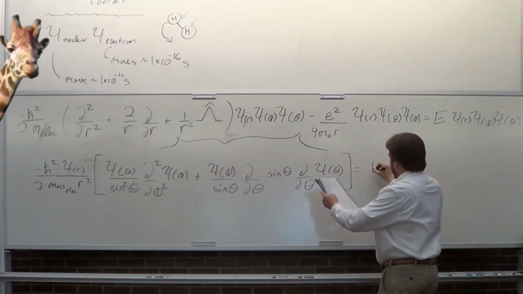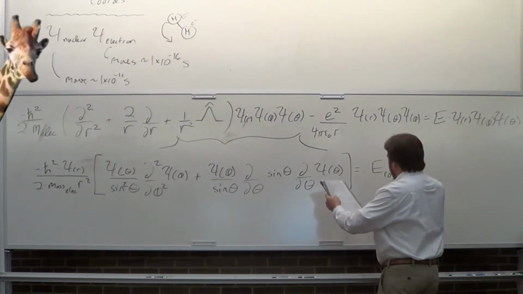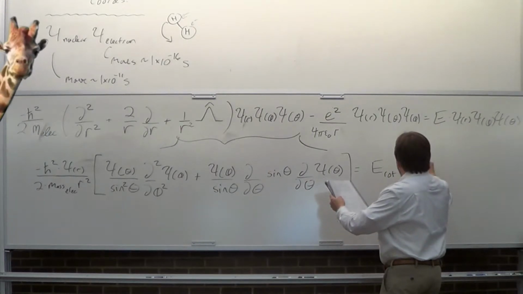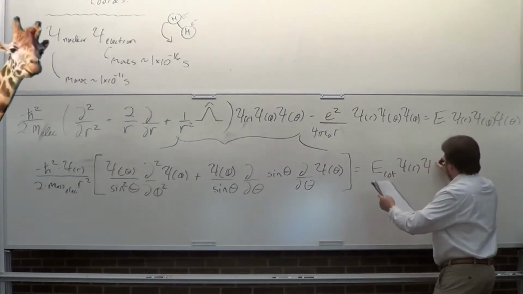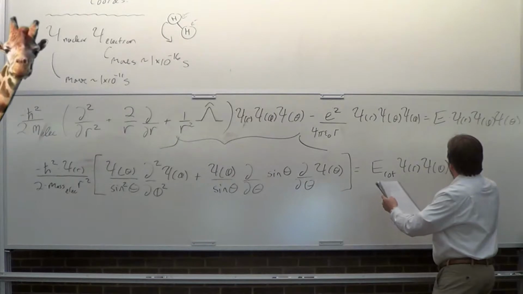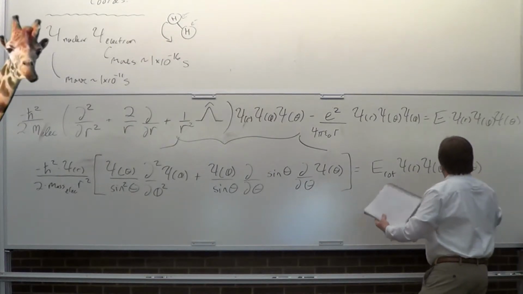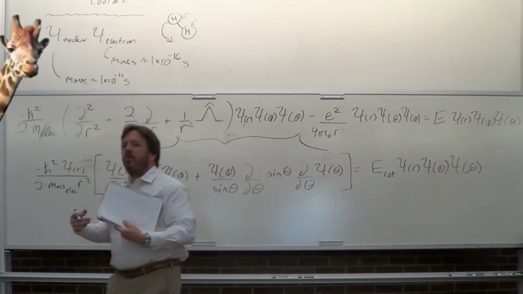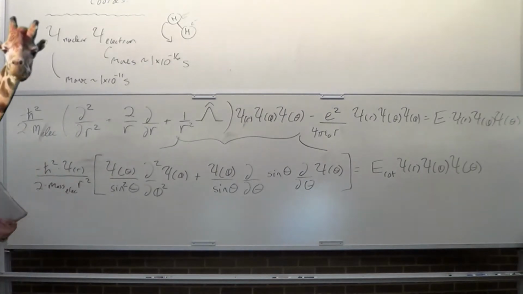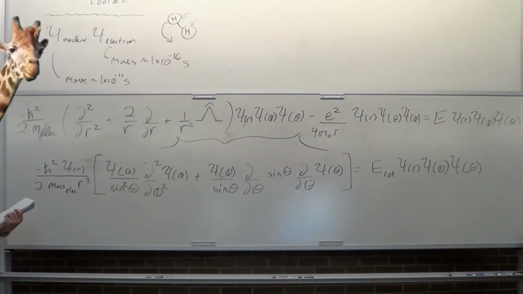And then, of course, what I'm going to do is say that I'm hoping I can just have a rotational energy that will contribute to the total energy. That's kind of the idea. Oh God, what am I doing? Okay.